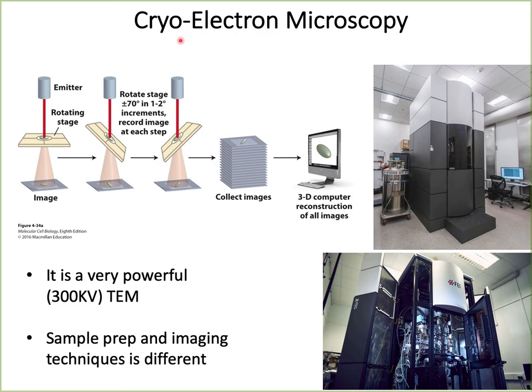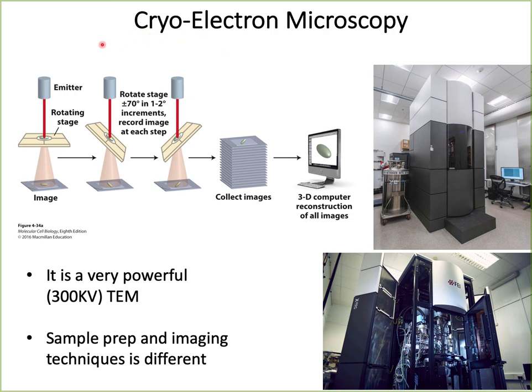All we have to do is take this sample in water and freeze it quickly in liquid nitrogen. When you freeze water rapidly at a very low temperature like liquid nitrogen, it forms vitreous ice. What is meant by vitreous ice? It is almost like a glass, and there will be no crystal formation.